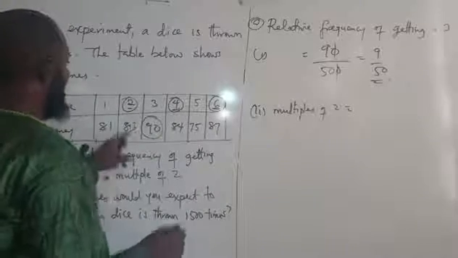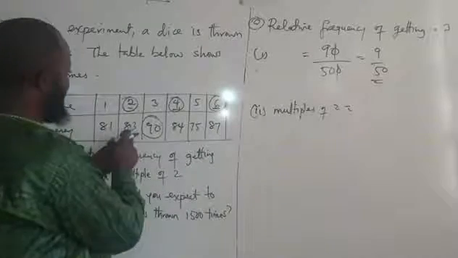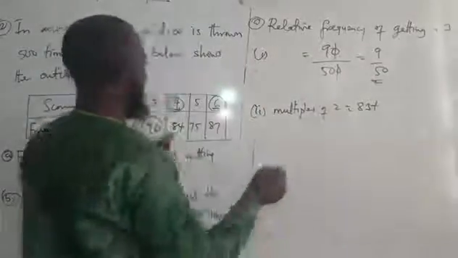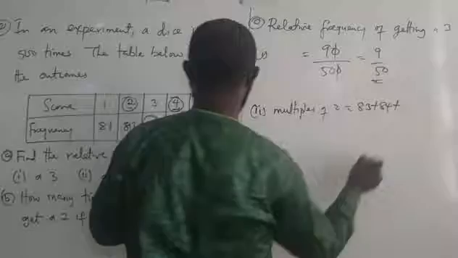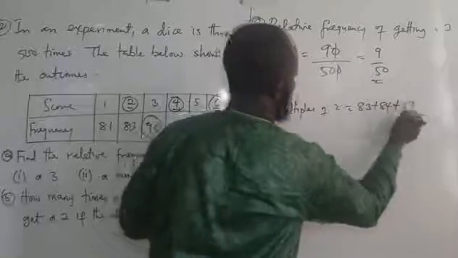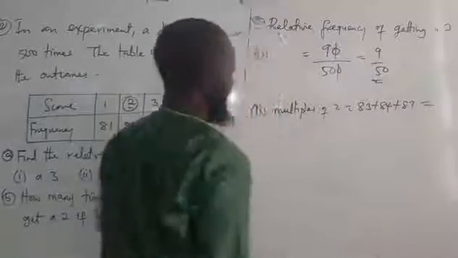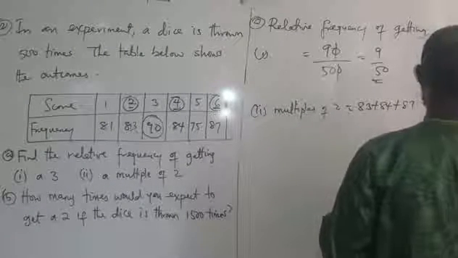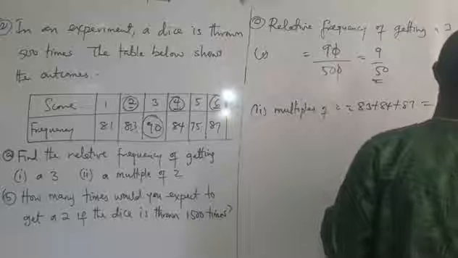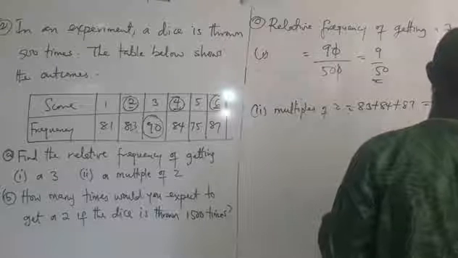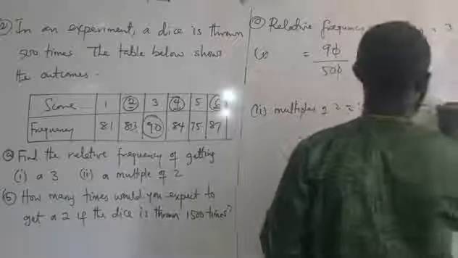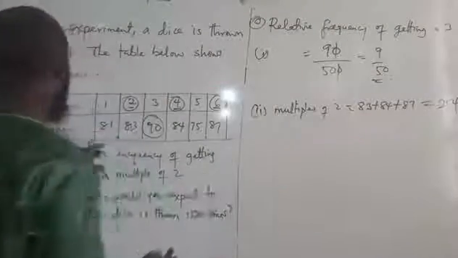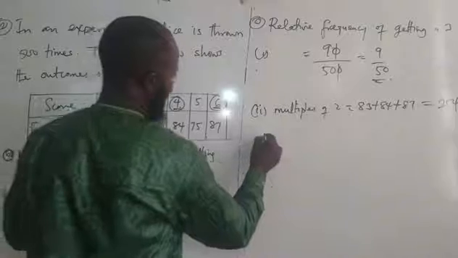So that means we are going to add the outcomes for multiples of 2. The outcomes will be 83 plus 84 plus 87. So we have 83, 84, 87, that's 254.